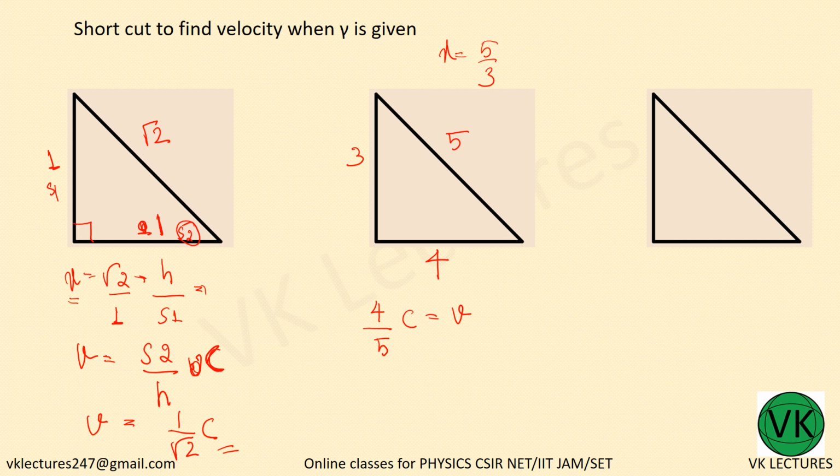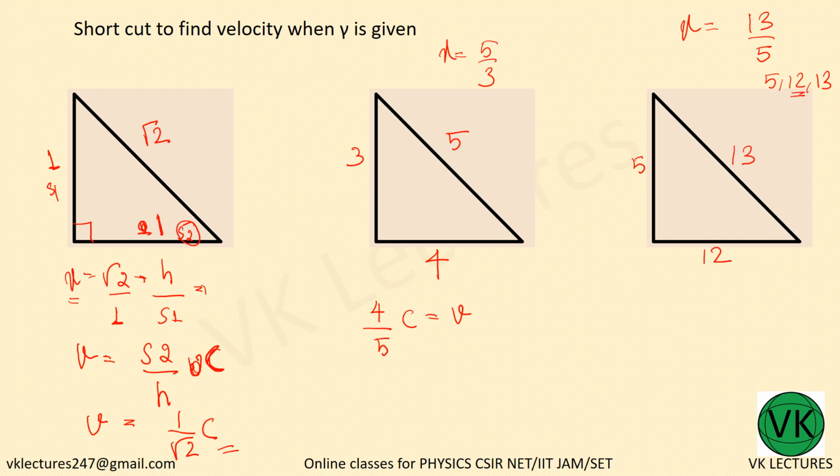Another example you can take: gamma is equal to 13 divided by 5. Again we know 5, 12 and 13 is a Pythagorean triplet. So what is the other side left? That is 12. If you want you can write it here itself. So this is 13, this is 5, this should be 12.